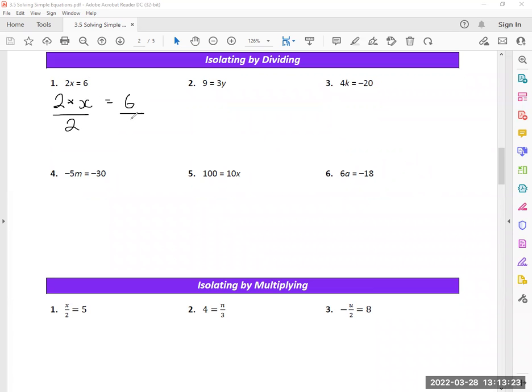Divide by 2, divide by 2. Why does this work? Well, 2 divided by itself is going to simplify into a 1, leaving me with 1 times x, or just x. On the right side, 6 divided by the same 2, x equals a 3.